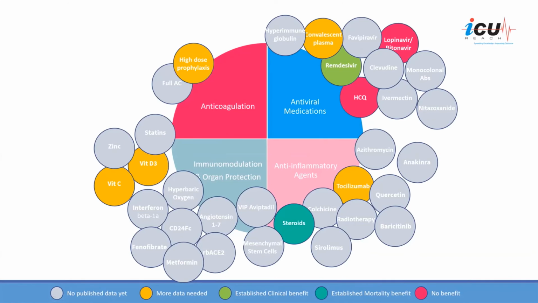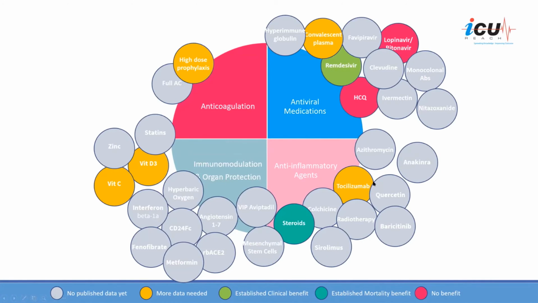When you see that the circle is orange, that means we have some data. This data could be conflicting. Some small studies have been published showing benefits, but we are waiting for larger studies to prove that this improves outcome and clinical course of the disease. This is applicable to convalescent plasma and to tocilizumab.